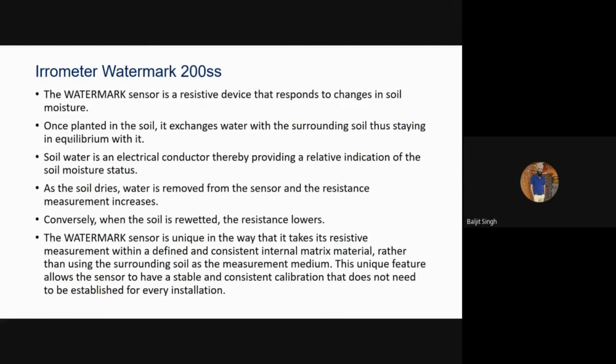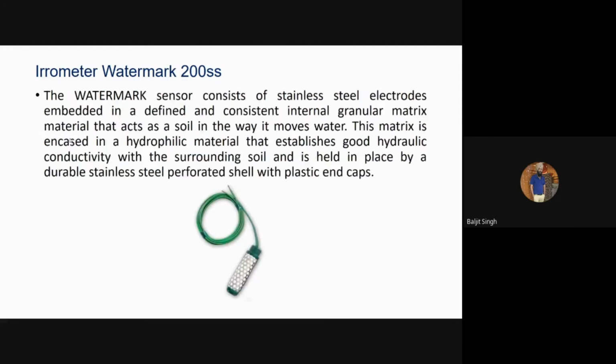This unique feature allows the sensor to have a stable and consistent calibration that does not need to be established for every installation. The watermark sensor consists of stainless steel electrodes embedded in a defined and consistent internal granular matrix material that acts as soil in the way it moves water.